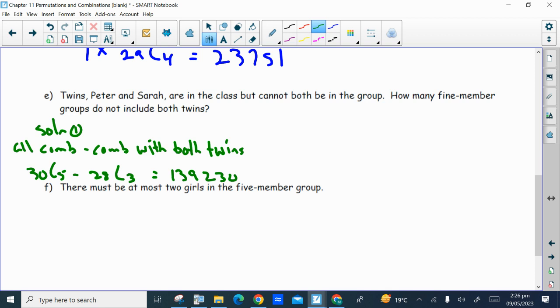And as I said, there is another way that this can be done. We'll call this solution number 2. Again, they both cannot be in the group. So that means Peter in, Sarah out is one possibility.